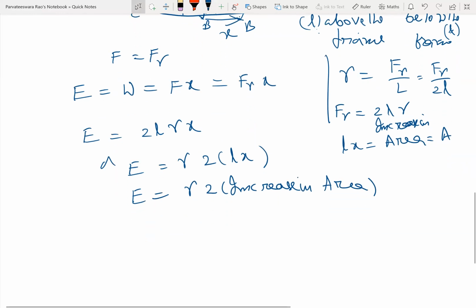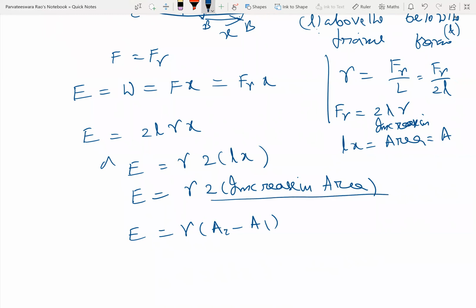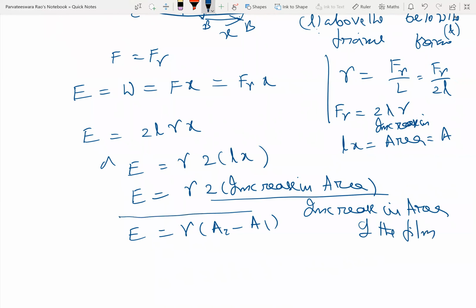So I can write surface energy as gamma into A2 minus A1, so 2 into the increase in area of the film. So this is the formula for surface energy. Okay?